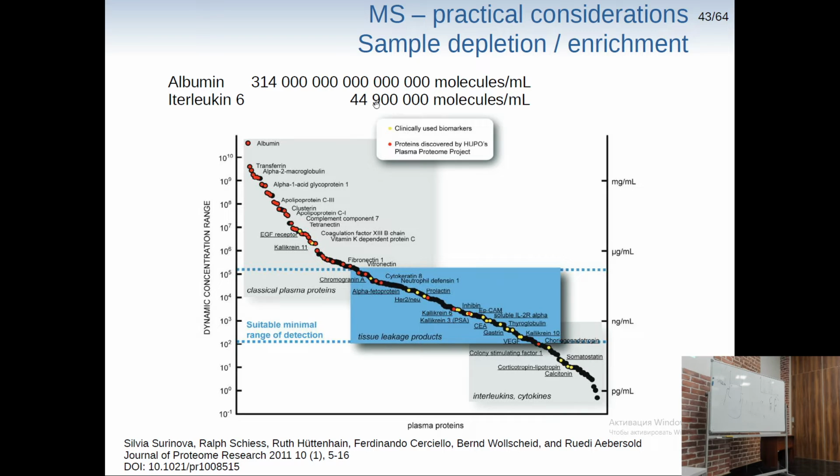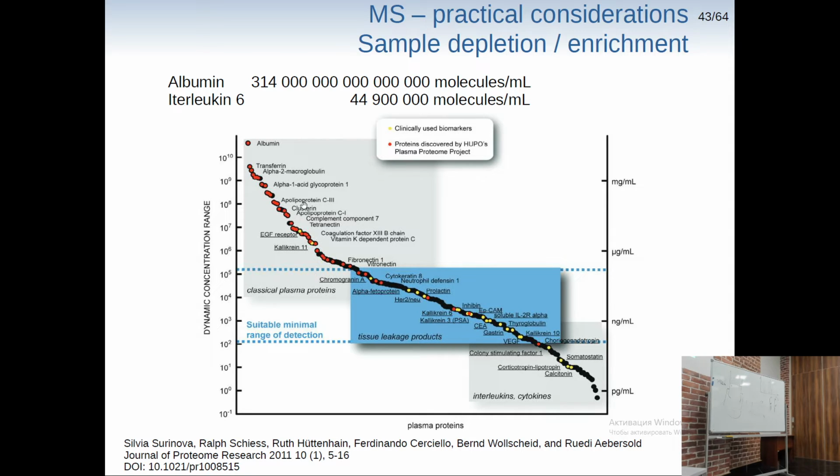So you need a protocol, a machine, which can at the same time compare those different concentrations. If we look at the human serum proteome here, we have the concentration range here and different plasma proteins.